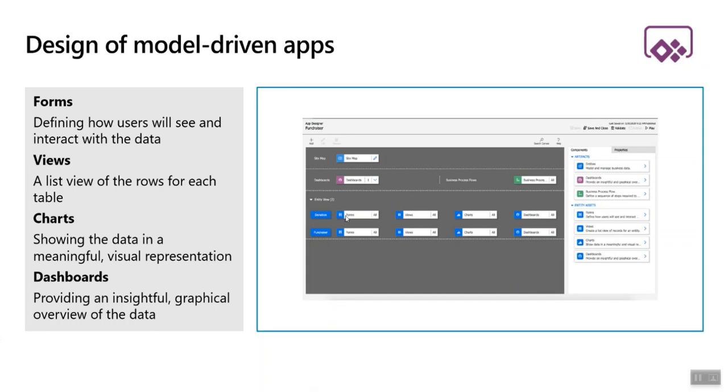What entities I'm going to have from my backend, and what forms I'm going to expose, what views I'm going to show to the end users, any charts or dashboards associated. And you can see here, is there any business process flows that are going to be displayed in here. So once you define all these things, then you can save the application and you can go and play that.